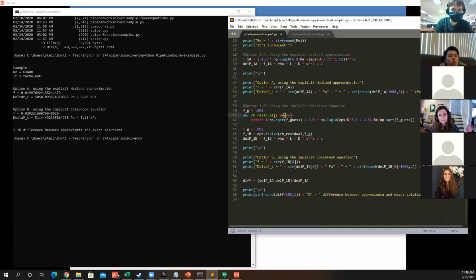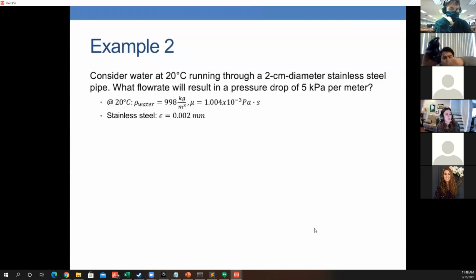I'm going to post this example code. Anyone have questions on this example? Okay. All right, the second one's a bit more complicated, so I want to talk about that one. Now we have water running through a 2-centimeter diameter stainless steel pipe.